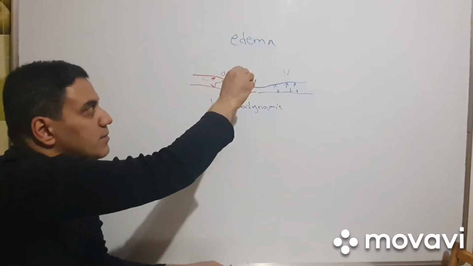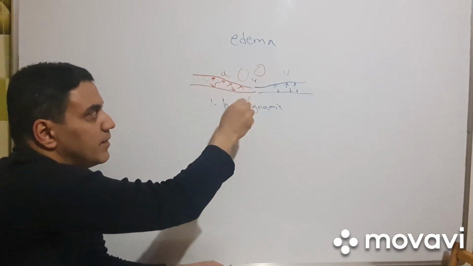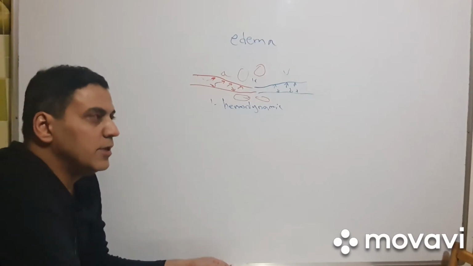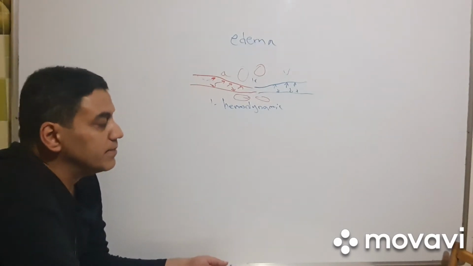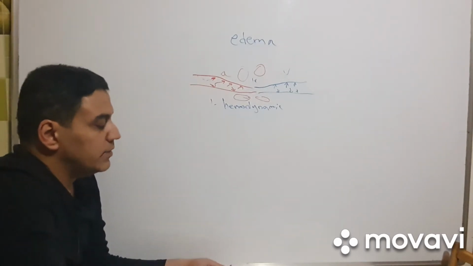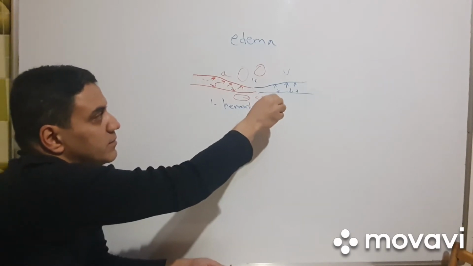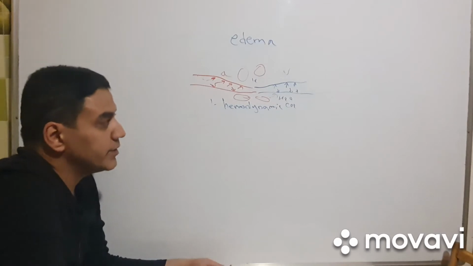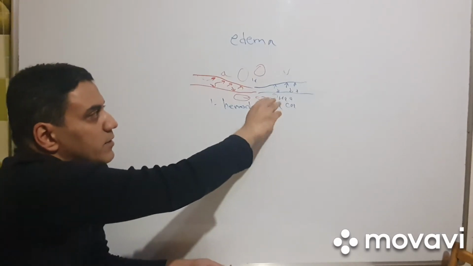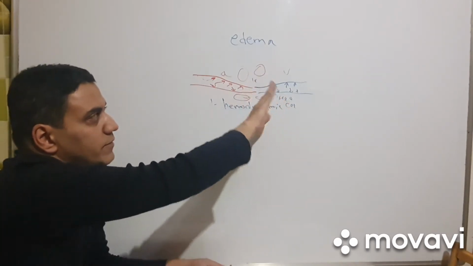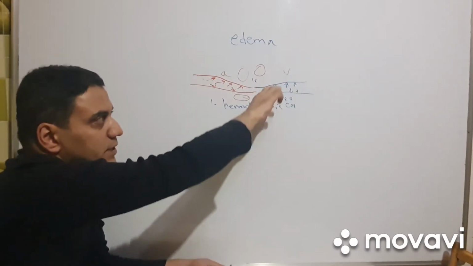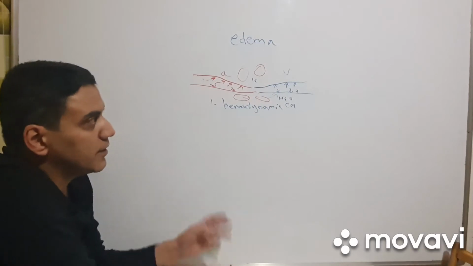Here we have cells. They receive substances, oxygen, and so on to carry out metabolism. Then normally water and CO2 and end products, they will leave the tissue from the venous side, to pass into the vein.